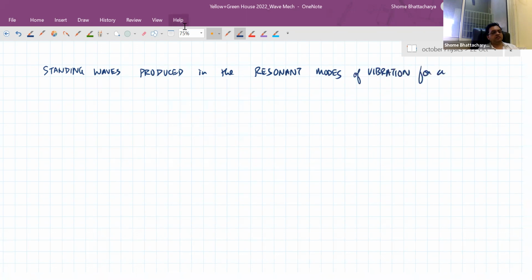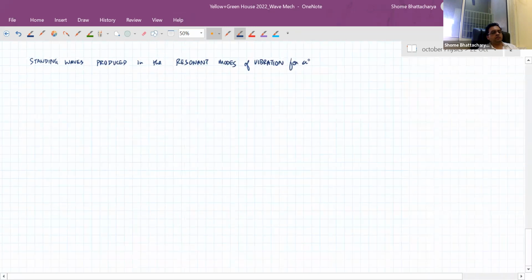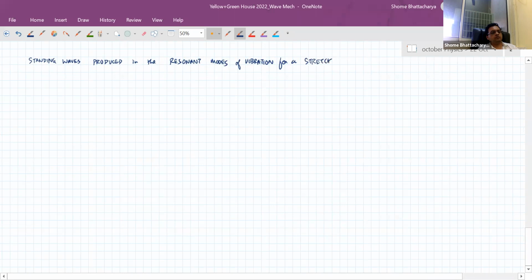For a stretched string, now the most important thing, of finite length.